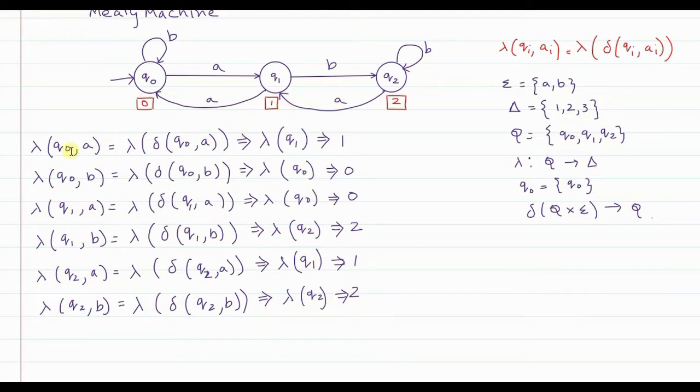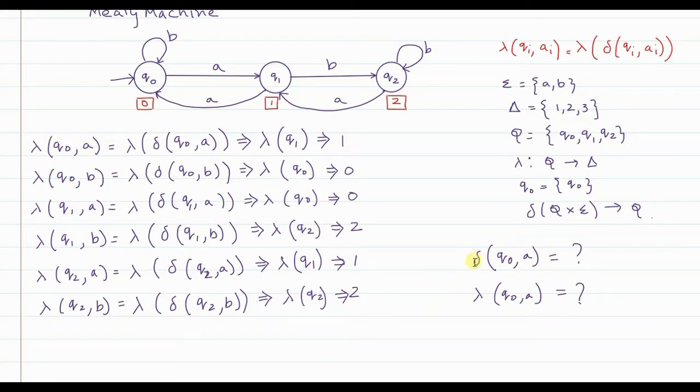Now if you carefully read this, I'll just show you the difference between writing delta of Q0 comma A and lambda of Q0 comma A. What is the meaning of delta of Q0 comma A, and what does lambda of Q0 comma A mean? Remember, delta is our usual transition function.